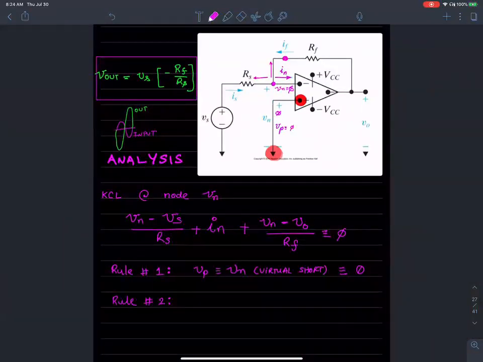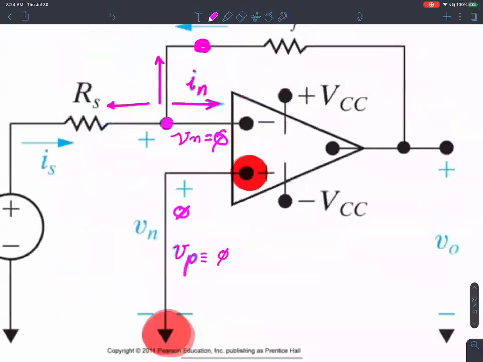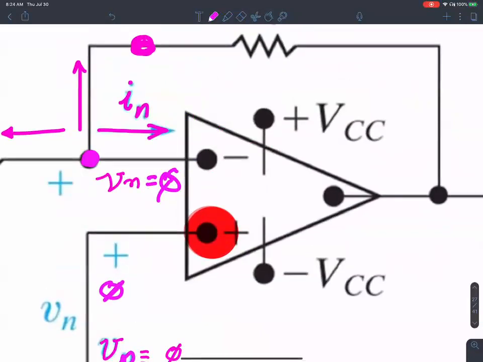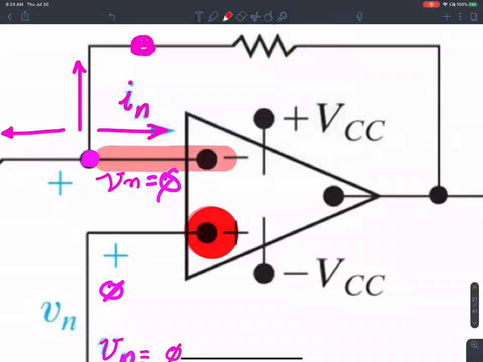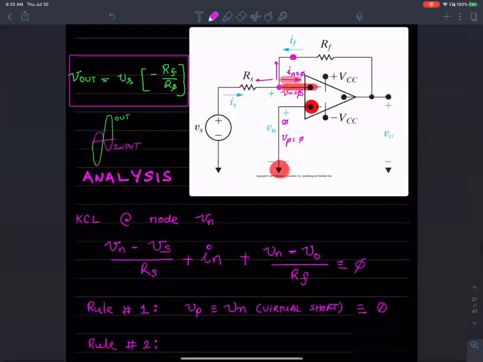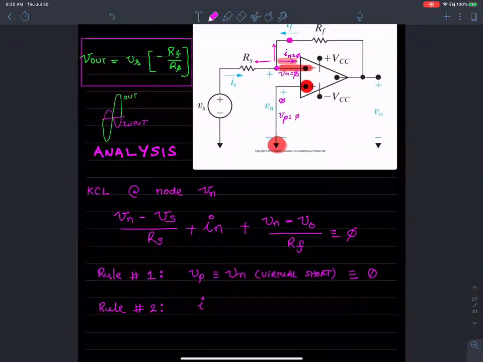Now rule number 2 says the amount of current going into the op-amp, that's this guy, this terminal, IN, is 0. That's rule number 2. IN is I positive is 0.